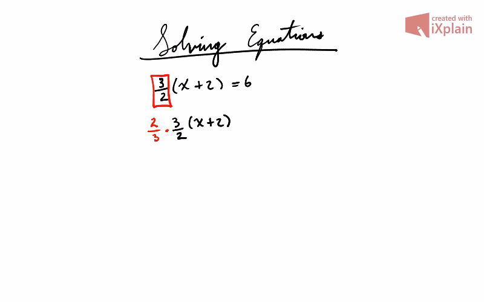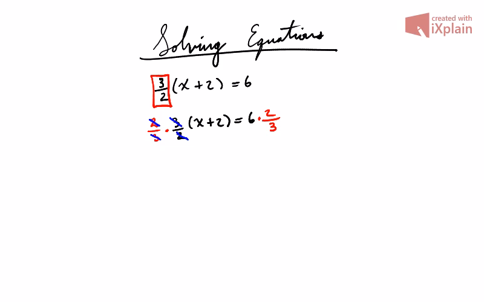And the reason why is because I'm going to cancel out that fraction. So I've got 6 times 2/3. And whatever you do to one side of the equation, you have to do to the other to keep it balanced. What is so fascinating about multiplying by the reciprocal is you immediately cancel out the 2 and the 3 on the left-hand side.